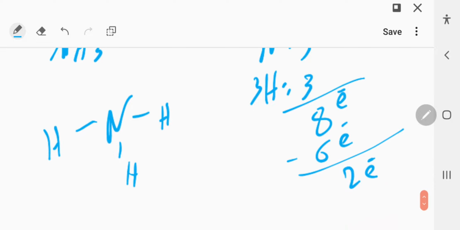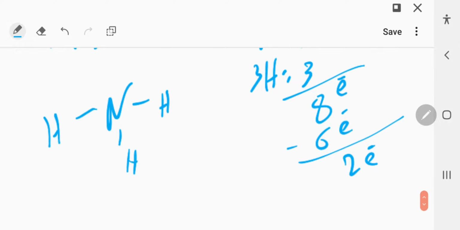Now in this case, the atoms around the central atom are all stable, because hydrogen, as we said before, can have only 2 electrons, because it contains only one orbital, which is the S subshell. So it is stable.